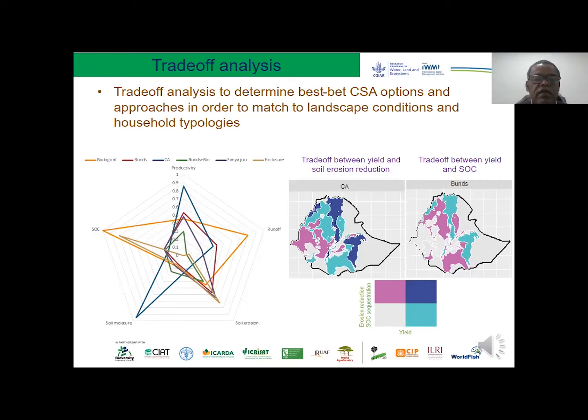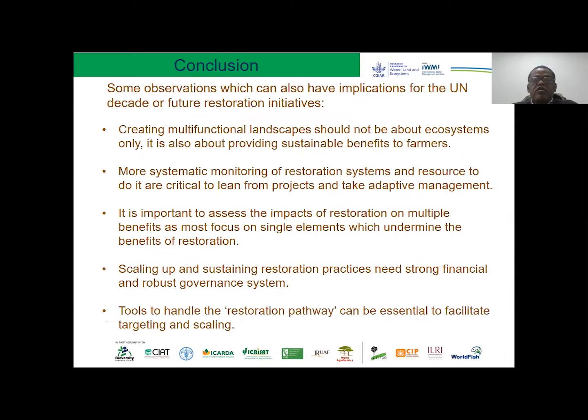These results are based on the review work. On the right side, you can see the spatial distribution: what the trade-off in terms of yield and erosion reduction is if we implement conservation agriculture across different parts. This will be analyzed in detail further. This is a preliminary result, but these are good indicators of how we need to consider trade-offs as we plan our interventions.